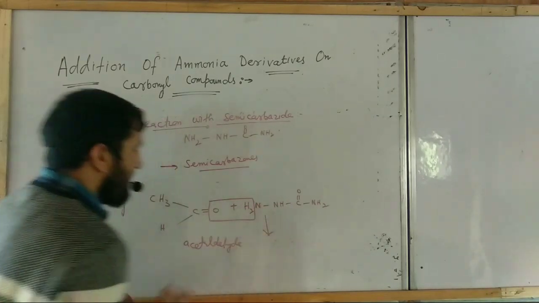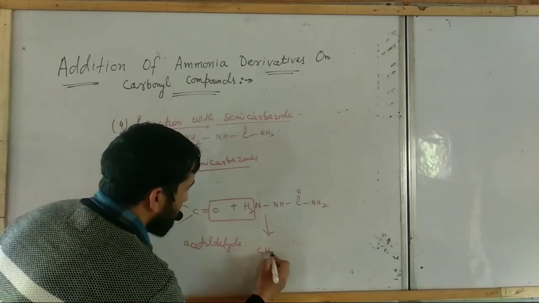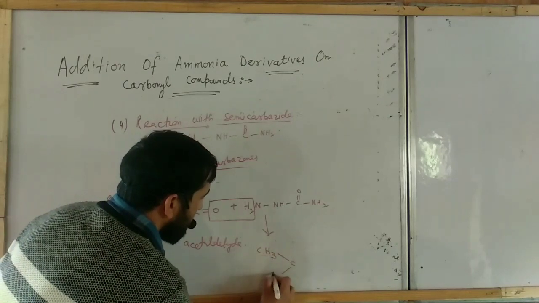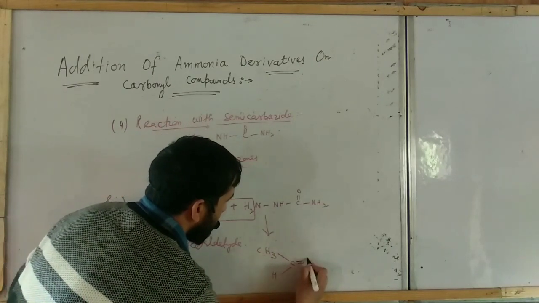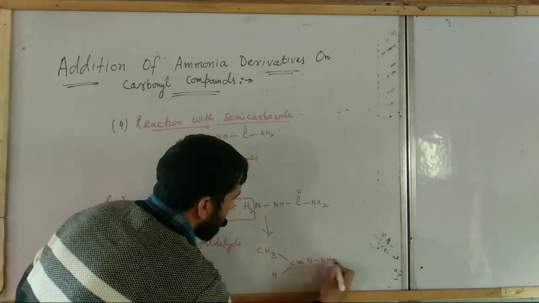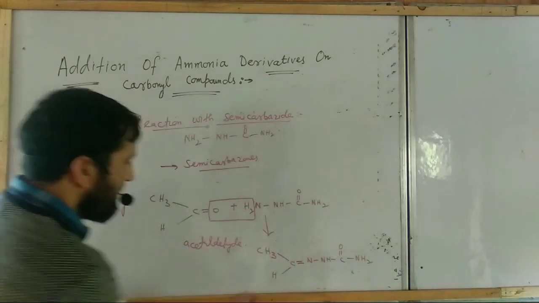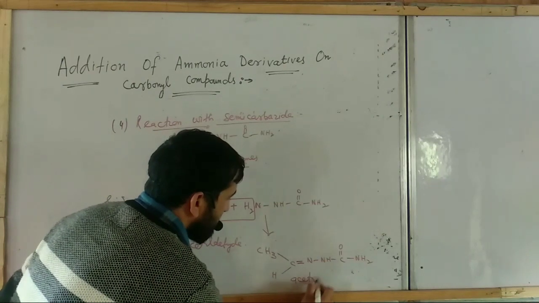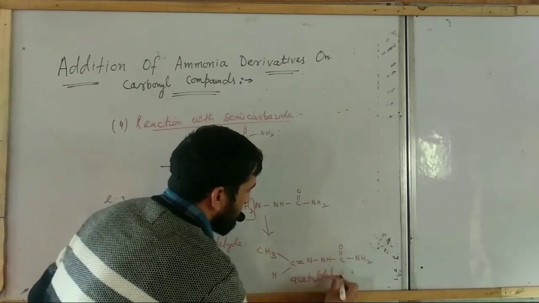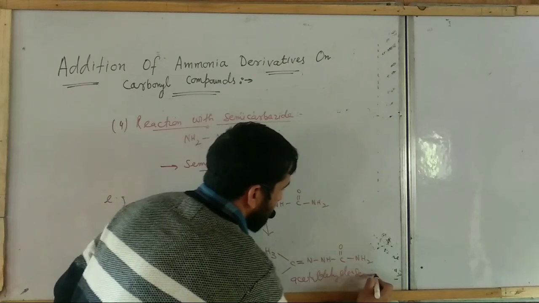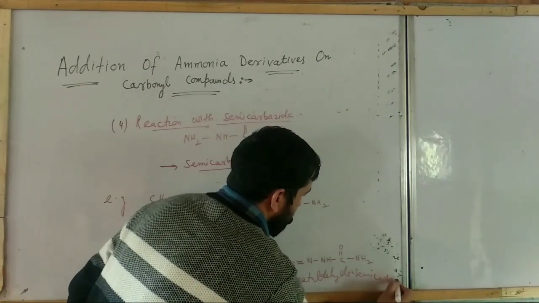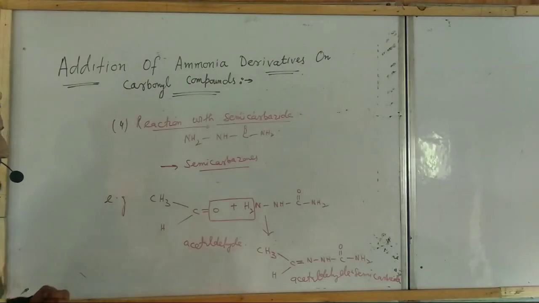As a result, there is formation of acetaldehyde semicarbazone like this, CH3, C single bond H, double bond N, single bond NH, C double bond O, NH2. So this is our acetaldehyde semicarbazone. So students, this was the reaction of semicarbazide with aldehydes and ketones.